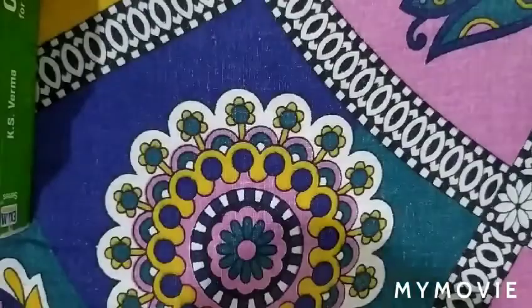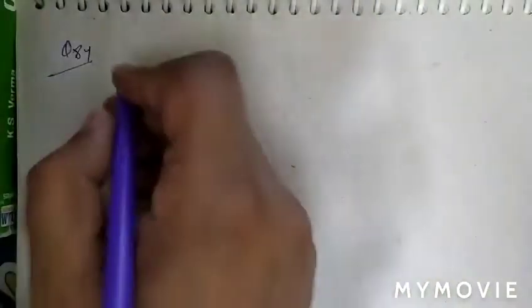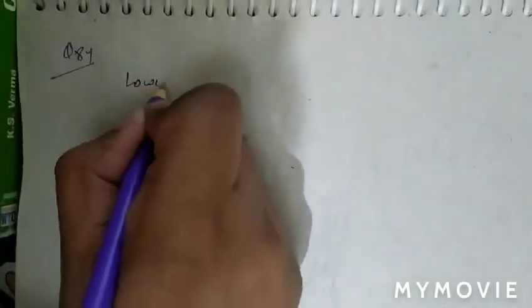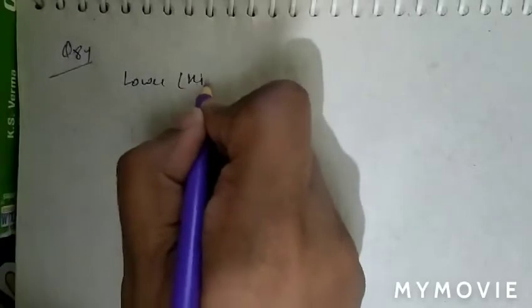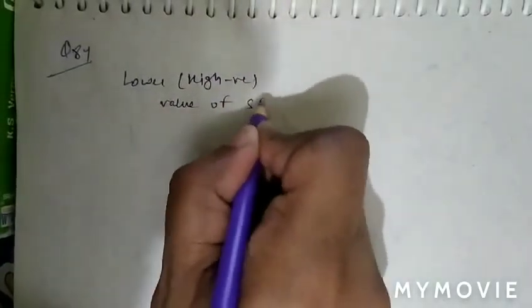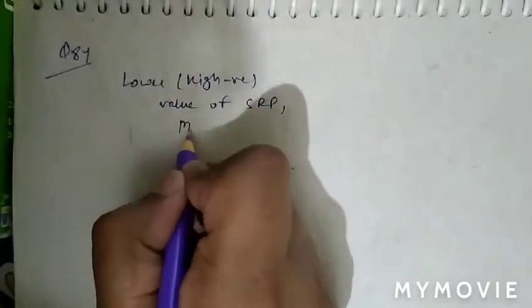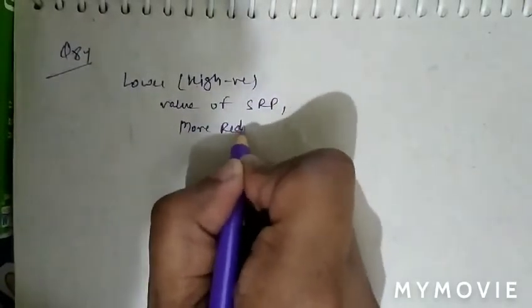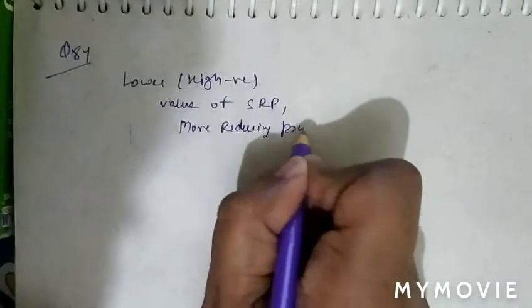See question number 84. In question number 84, E0 values are given for all. Correct order of reducing power. As we know that a lower or higher negative value of SRP means more reducing power.